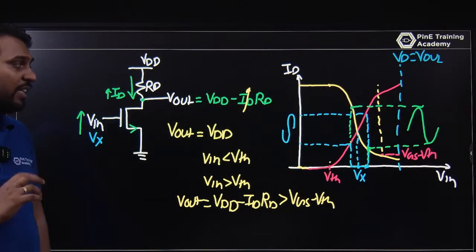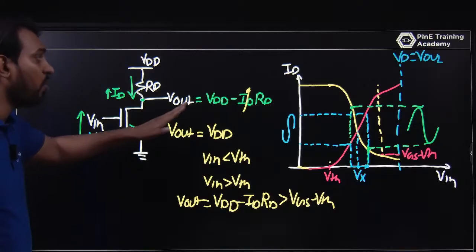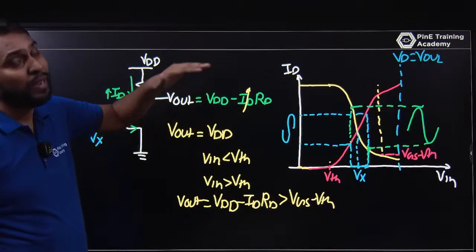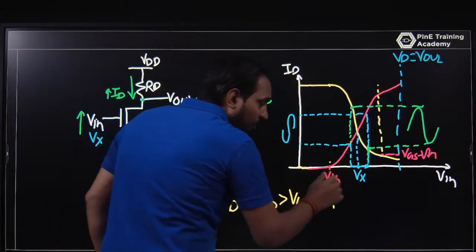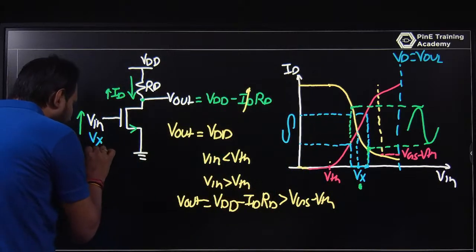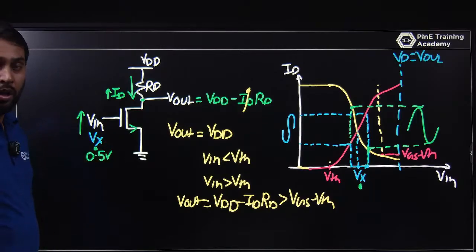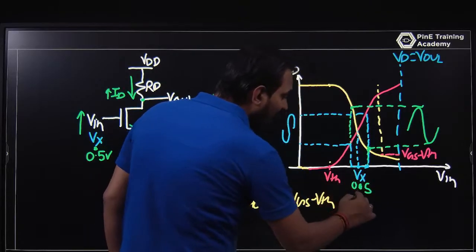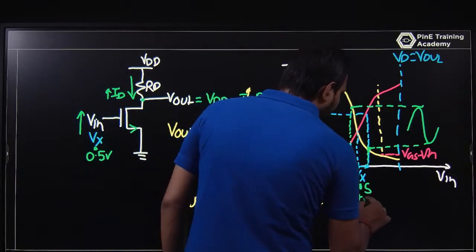I am just explaining in such a way that your Vout is also changing. Why? Because Vout is VDD minus IDRD. ID increases, so Vout, which is VDD minus IDRD, decreases. But let me put the gate voltage as Vx. Let us make it 0.5 volt, and you are changing it plus or minus some millivolts, let us say 10 millivolt.